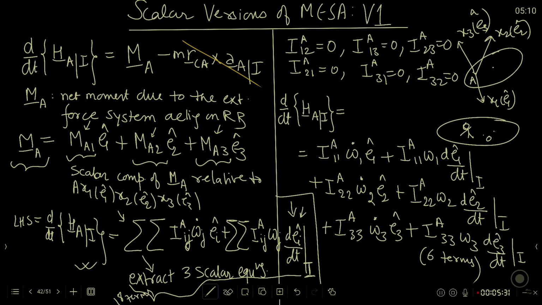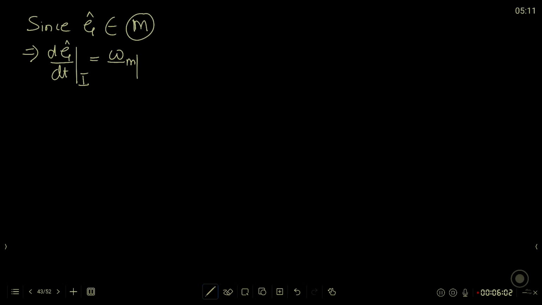The next simplification is I am going to get rid of these derivatives here. How do I get rid of these derivatives? Since E1 is embedded, this is a result maybe in the third or fourth lecture.